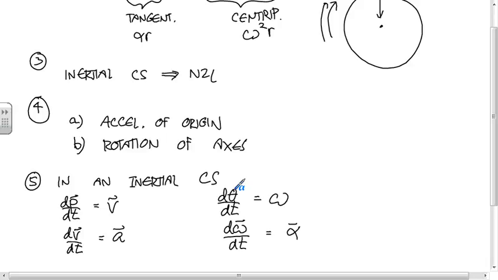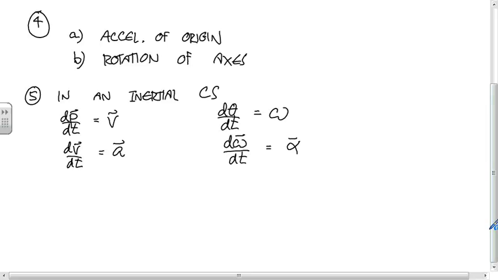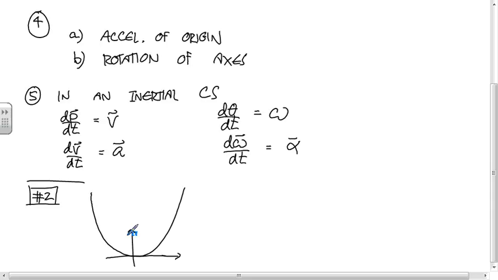Any questions about anything on the test? Anything that confused you? Yeah, that's right. So in number 2, the object's moving through this path, okay?